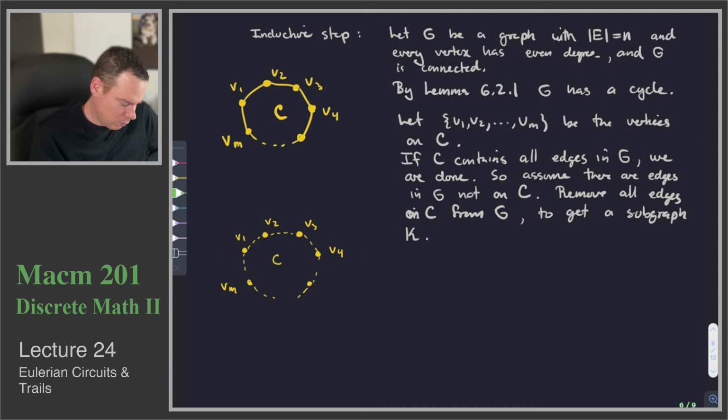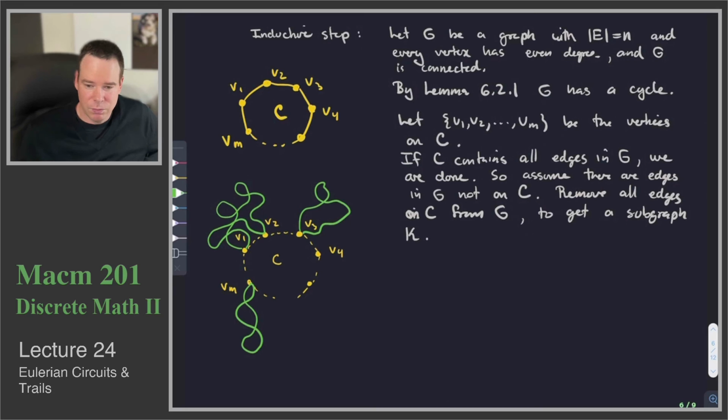Once we get these edges removed and get our graph K, then we've got some things that maybe look something like this hanging off those ones, and then stuff like this, and then maybe some more stuff hanging off of that one. It could connect to other ones. We could even get some like V4, which just doesn't have anything else hanging off of it.